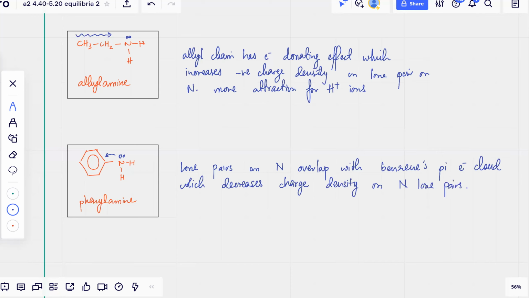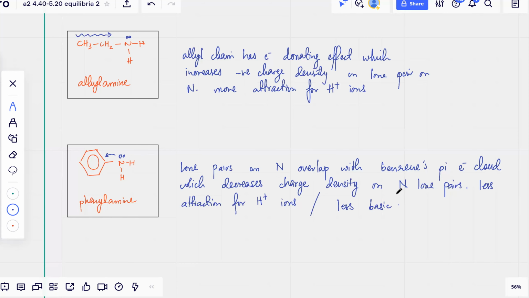And there's going to be less attraction for H plus ions. So it's obviously going to be less basic. The basicity would be lesser compared to normal alkylamines or even ammonia.